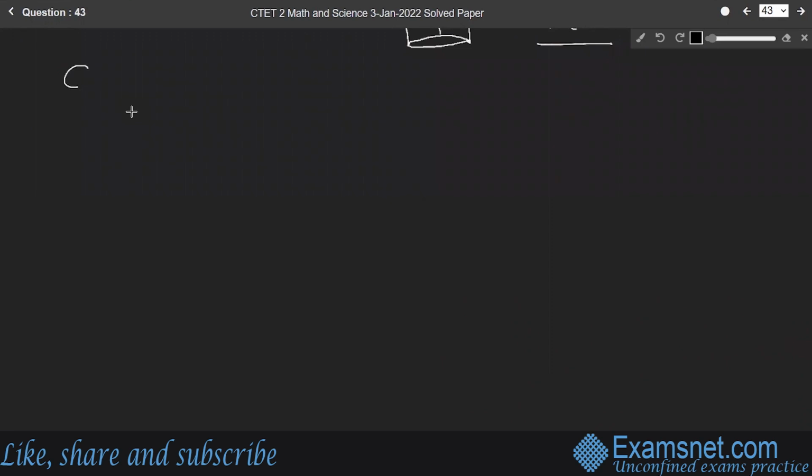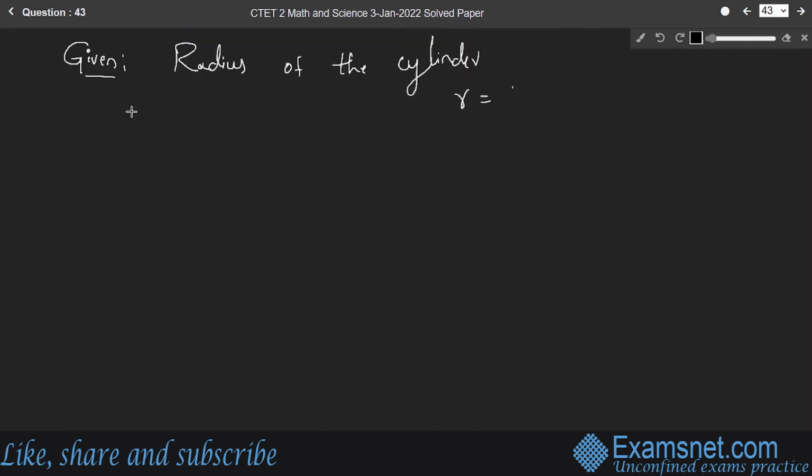Let us go step by step. Given, radius of the cylinder r is equal to 17.5 centimeter, which is equal to 0.175 meter.